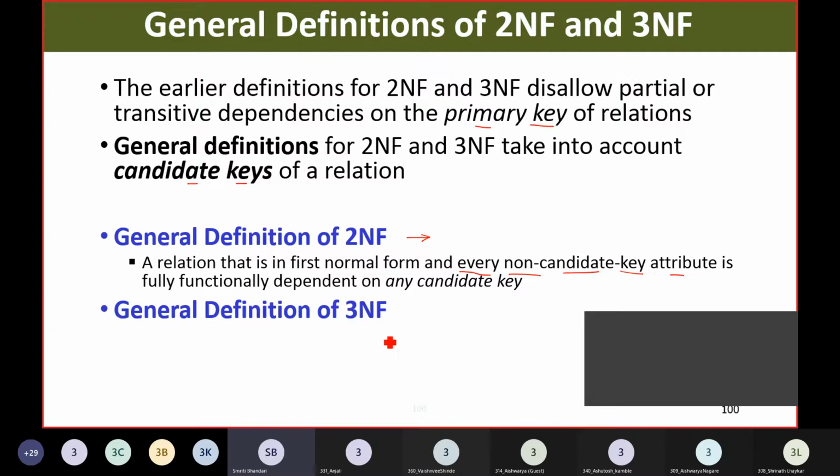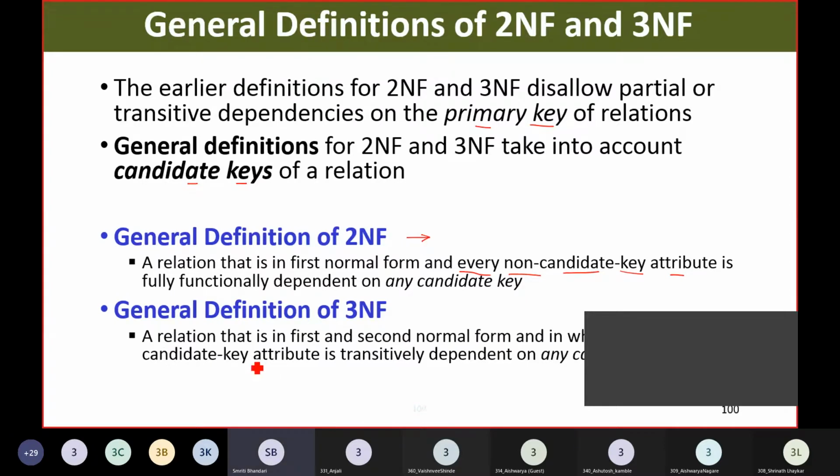Similarly, for the general definition of 3NF, we say that a relation that is in first and second normal form and in which no non-candidate key attribute is transitively dependent on any candidate key. Here also we are not simply restricted to a single primary key, but we are more generally saying that no non-candidate key attribute. We may have more than one candidate key, and we are generalizing the concept to all those candidate keys.